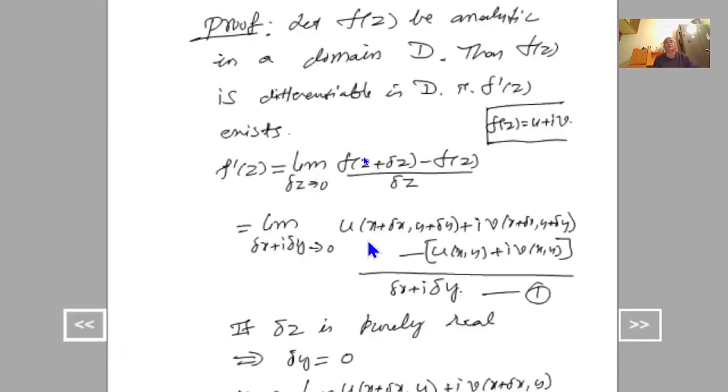Then relation 1 becomes: u of x comma y plus delta y plus i into v of x comma y plus delta y, minus u of x comma y plus i into v of x comma y, divided by the denominator, which, as delta x is equal to 0, becomes i into delta y.